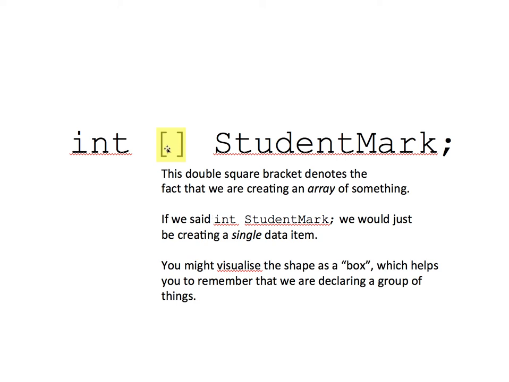To me it looks a bit like a box into which we're putting a group of items. So if we simply said int student mark without the box, then that would just create a single data item, a single integer variable called student mark. But here, because we've got this notation, we're essentially saying give me a box of integers and call it student mark.